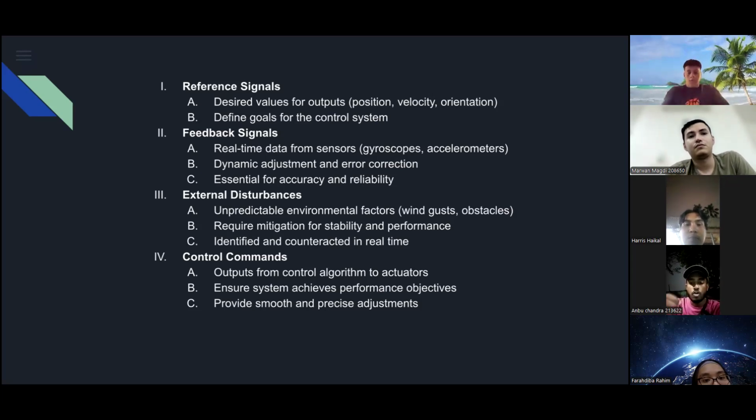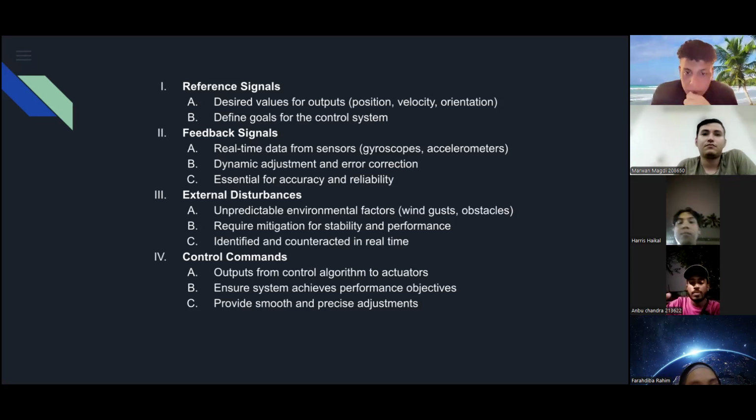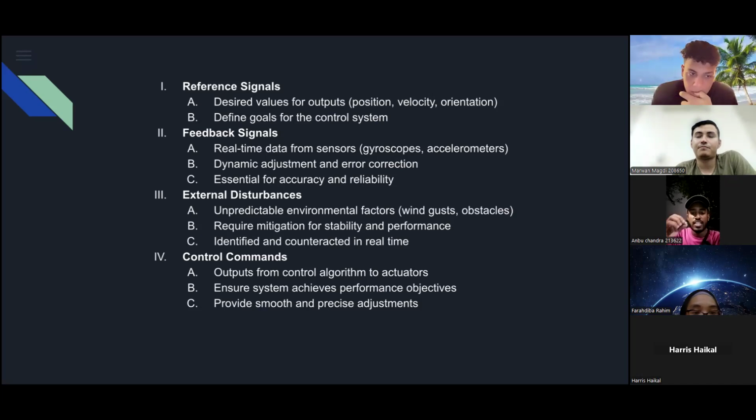The fourth one is control command. The control command is the output from the control algorithm that is sent to the actuators. This command ensures the system achieves its performance and objective by providing smooth and precise adjustments to maintain the desired altitude.